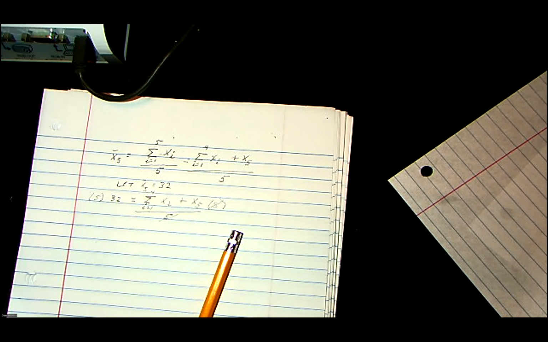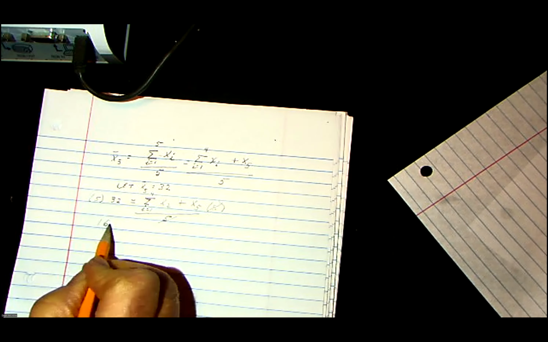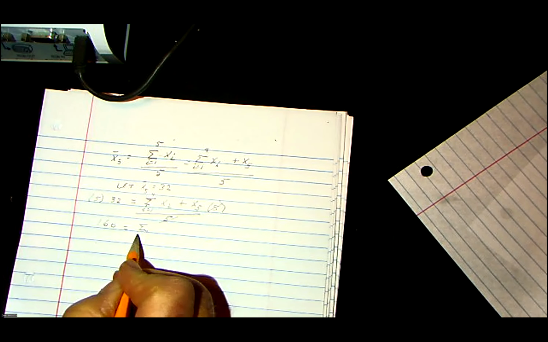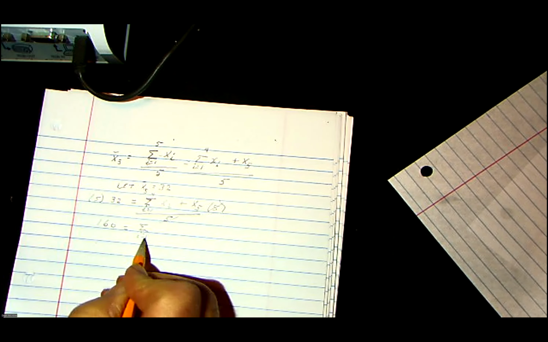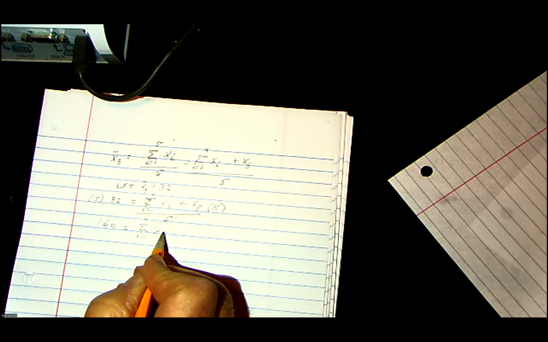Let's see. 32, and it's 160. So I have 160 is equal to the summation, I going from 1 to 4 of x sub i plus x sub 5.